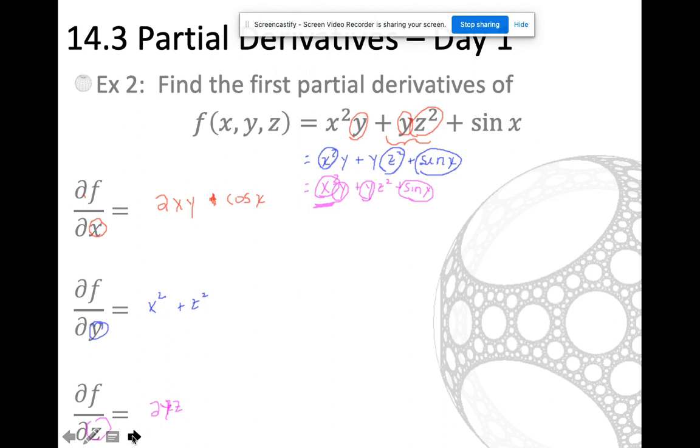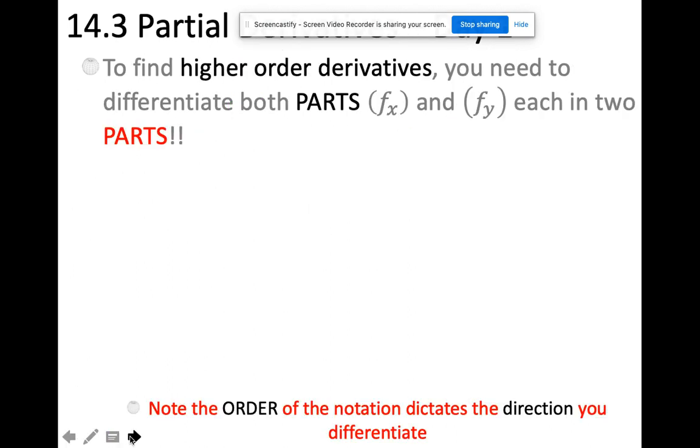Well, this should scare you a little bit. Because if I can ask you for the first partial derivative, guess what else I can ask you for? Higher order derivatives. So to find the higher order derivative, you just have to be super careful about your notation.